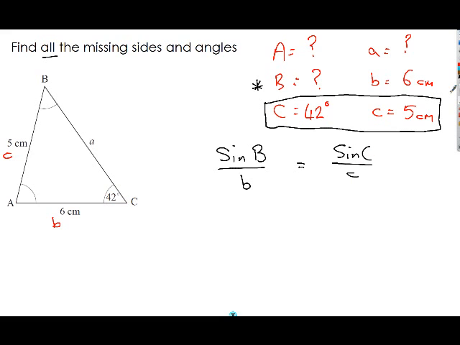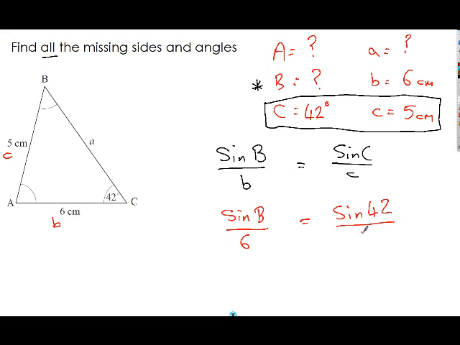From this point on, it's just substitution and rearranging exactly the same way as we did for trigonometry when we did SOHCAHTOA. So first of all, sine b, we still don't know what angle b is, that stays. But side b, we can put that in, it's 6 centimeters. Angle c, we know is 42.